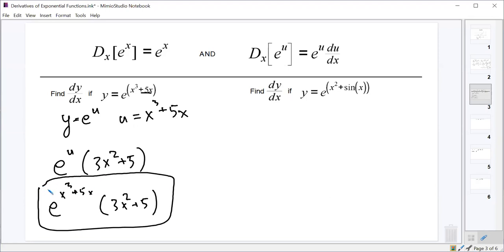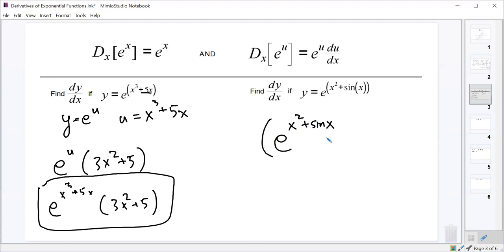So with any luck, we should be able to do this one without writing any work out, I hope. I'm going to try not to write the chain rule as much as I had been in the past, but especially for ones like this where it's e to the u, we know that we should end up with just this same thing, right? To start with, the derivative should be e to the x squared plus sine x.